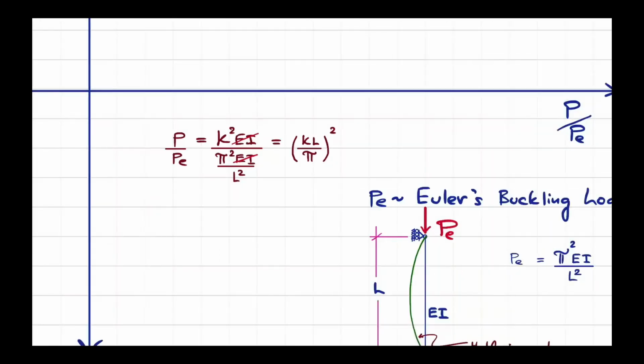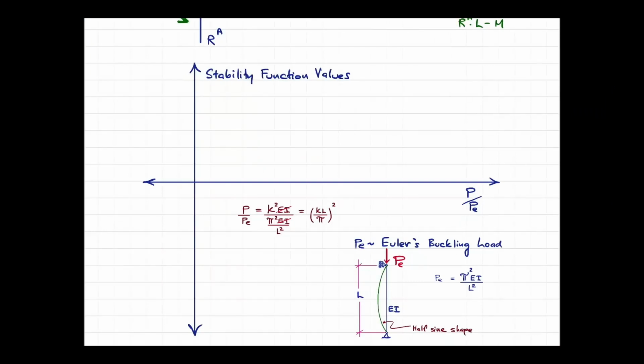So that's your P over PE value. When you work on your calculation, you formulate everything as a function of KL, and then you translate the KL into the P over PE value later in the next column. Then you can plot your stability functions.